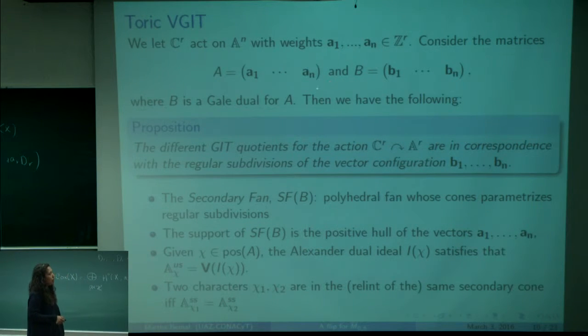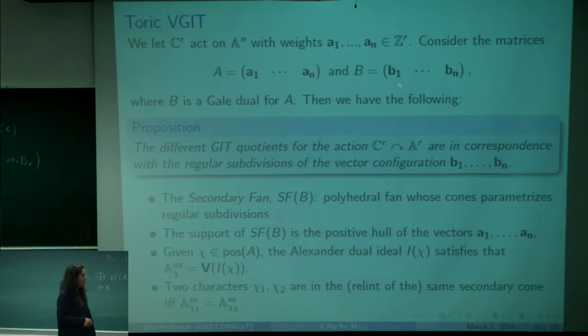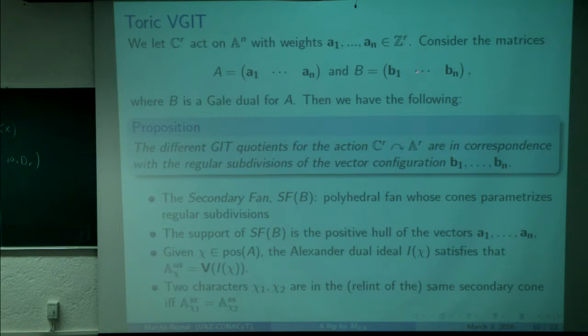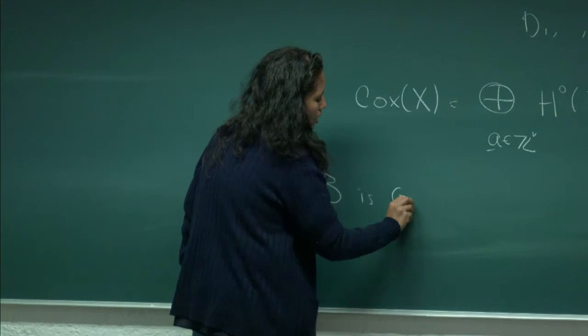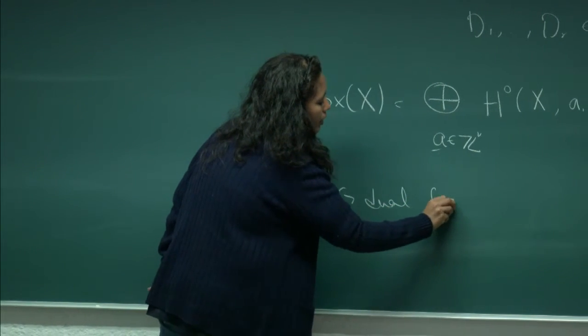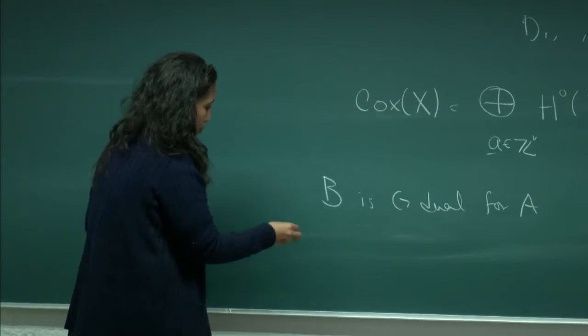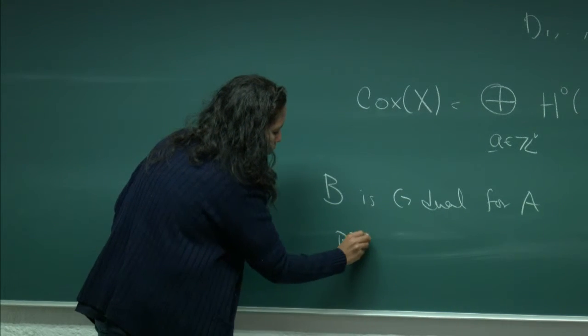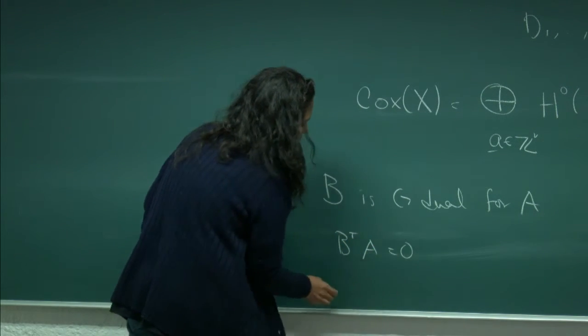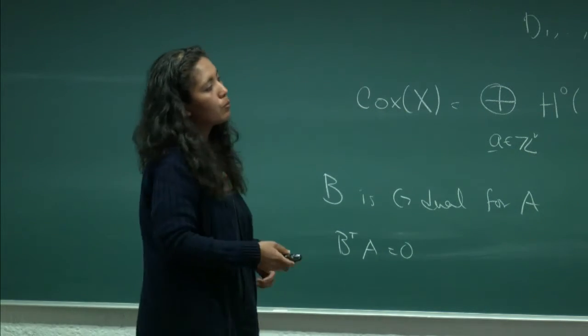This is a matrix whose transpose has the kernel of this matrix, the kernel over Z of this matrix here. So this is the definition of the Gale dual. So let me just write it, not to lose you. B is Gale dual for A, and A has entries in Z, if B transpose times A equals 0. And this is an integer matrix as well.